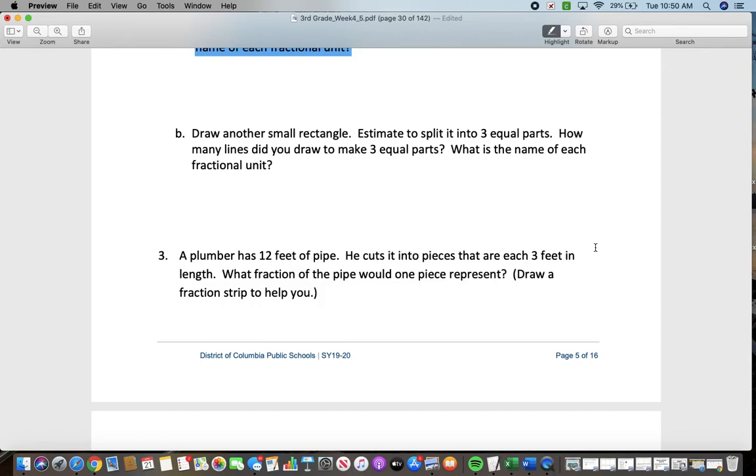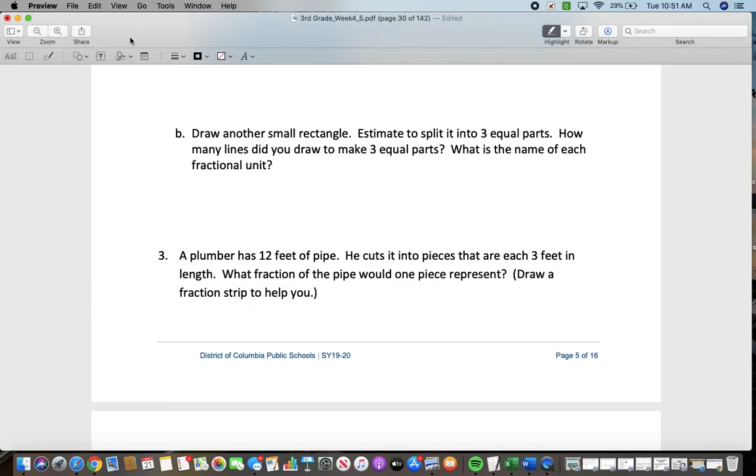If he's cutting each section into 3 feet, that means he's dividing it equally into sections of 3 feet. We can actually use our division skills to figure out what fraction of the pipe would 1 piece represent. I am going to see if I can mark up and show you exactly what I mean by that.